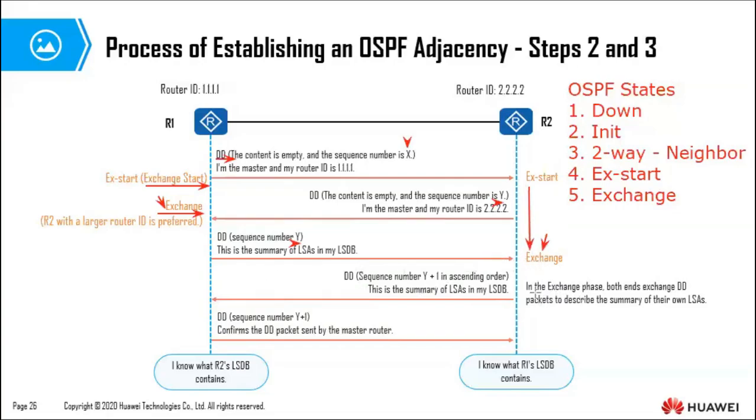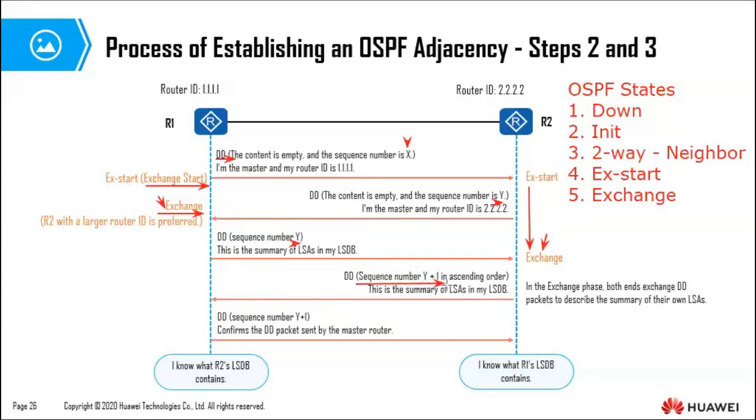After that, in the exchange phase, both ends exchange DD packets to describe the summary of their own link state advertisement. Just the summary. So you can see that now R2 is also going to send a summary of its LSAs. And the sequence number is going to be incremented by what?